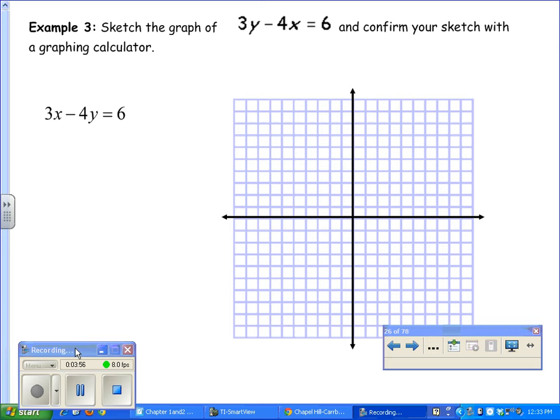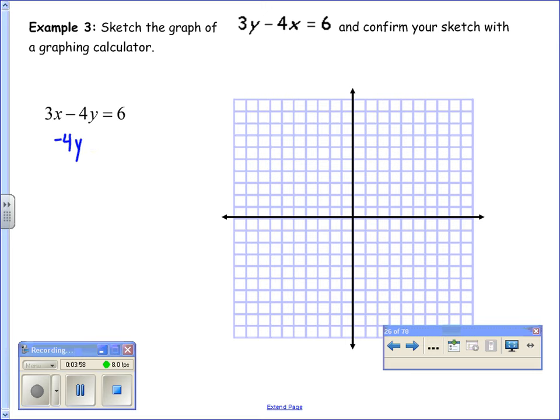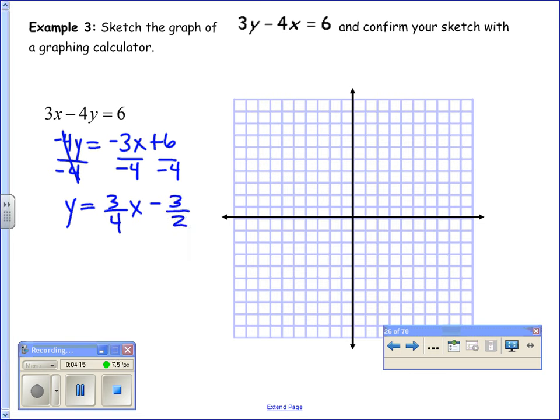So when I do that, I'm going to get negative 4y is equal to negative 3x plus 6. I'm going to divide everything by negative 4. These cancel, and I get y is equal to 3/4 x minus 3/2.